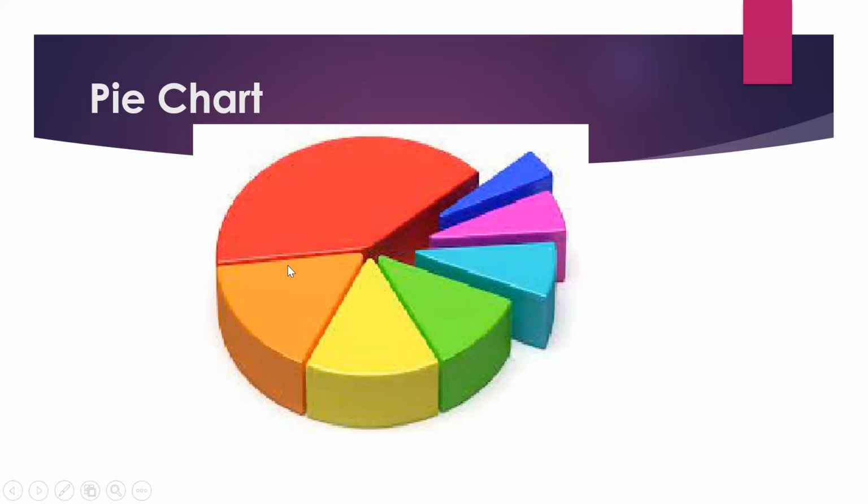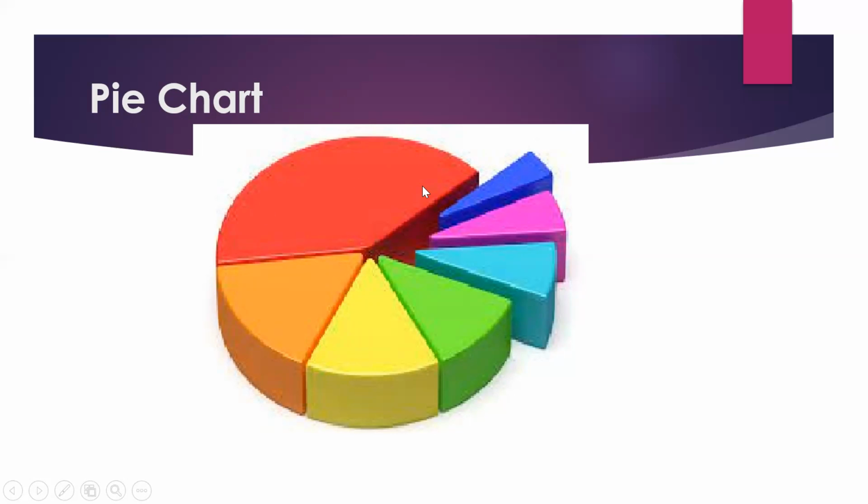So, a pie chart is a circular statistical graphic which is divided into slices. That slices illustrate the numerical proportional value. So look in this picture.